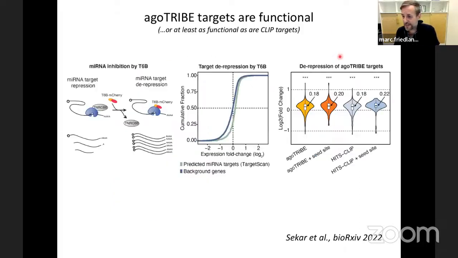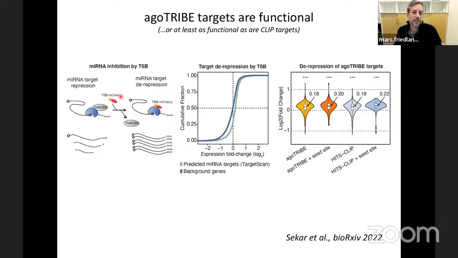So last time I presented this talk, I got the feedback, okay, but how good is agoTRIBE? And digging a little bit into it, I found out that what the audience wanted to know is, so the agoTRIBE targets, are they functional? So we did a functional experiment also, where we, in a separate experiment, so this is actually separate from the agoTRIBE transfection, we inhibited microRNA repression with a small protein called T6B.